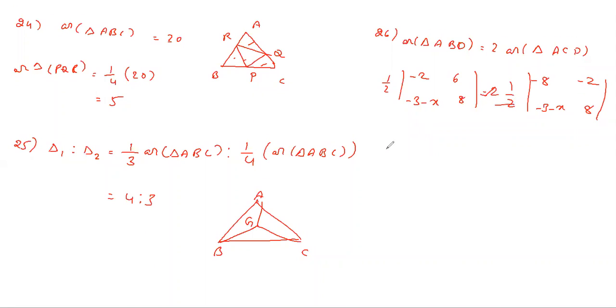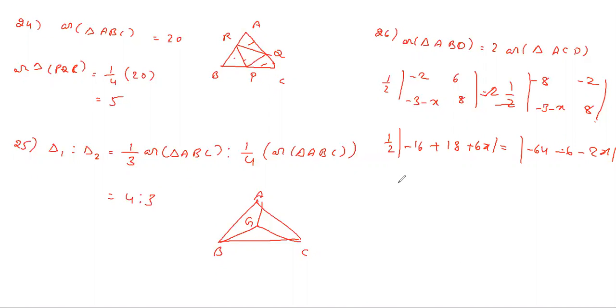So the total will cancel, 1 by 2 into modulus: minus 2 into 8, minus 16, plus 6 into 3, 18 plus 6x, equals modulus minus 8 into 8, minus 64, plus 2 into 3, minus 6, minus 2x.